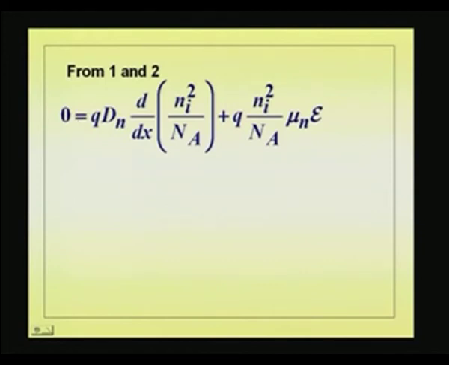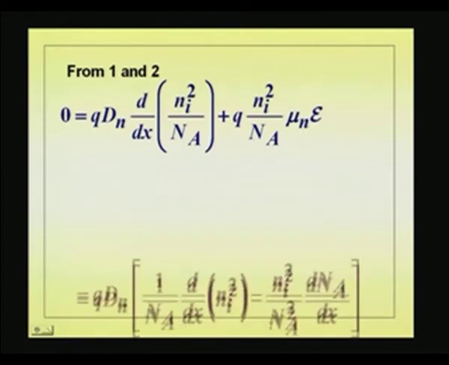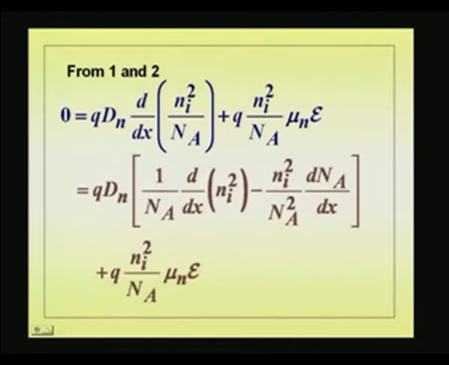all that you do is differentiate this. When I differentiate that, the second term I am retaining as it is here, Q Ni squared by Na mu n into E is retained as it is. Remember, Na may be a function of x, so we will take that also into account, and E is a function of x.